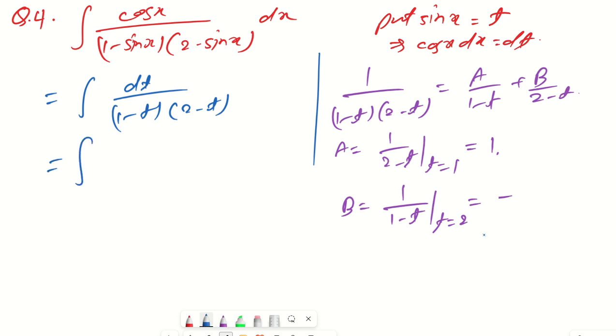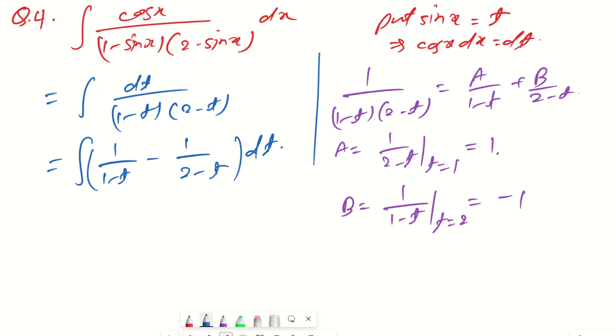We can write it down as 1 by 1 minus t minus of 1 by 2 minus t. Sorry, I have not written here. This is minus 1. So a is 1 and b is minus 1. So we have converted this integration in form of partial fraction. So 1 by 1 minus t minus 1 by 2 minus t.